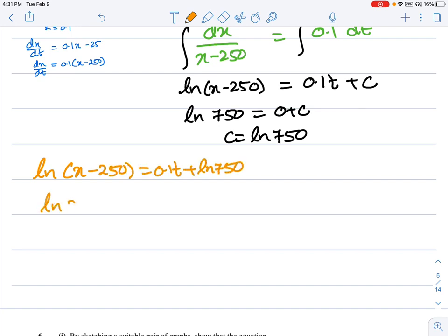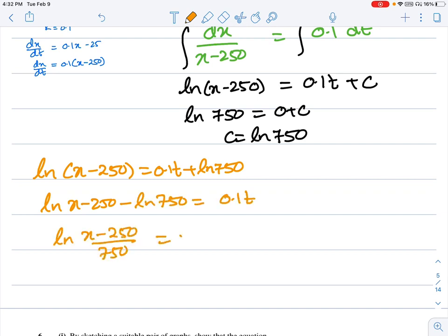So ln(x minus 250) minus ln 750 is equal to 0.1t. So ln of (x minus 250) divided by 750 is equal to 0.1t. So (x minus 250) over 750 is equal to e to the power of 0.1t.